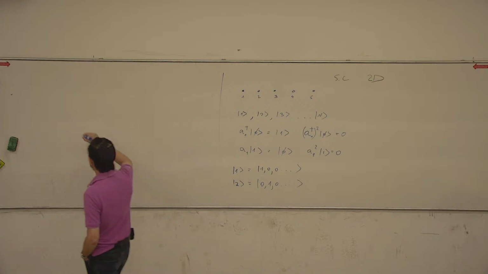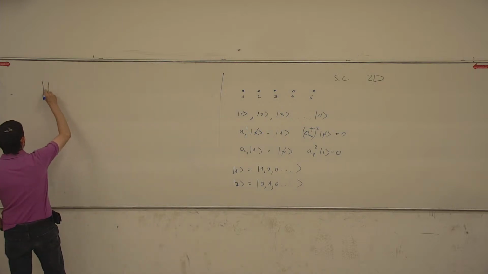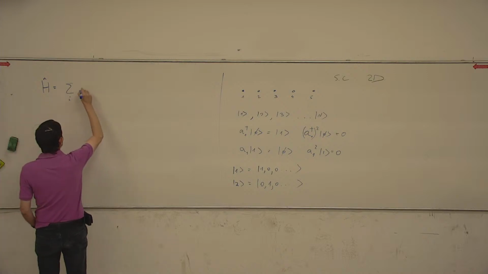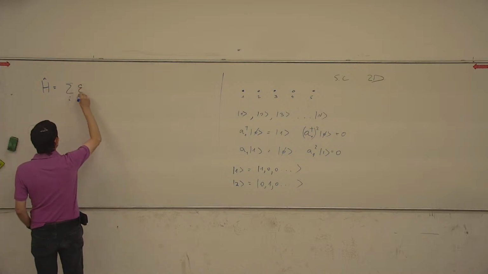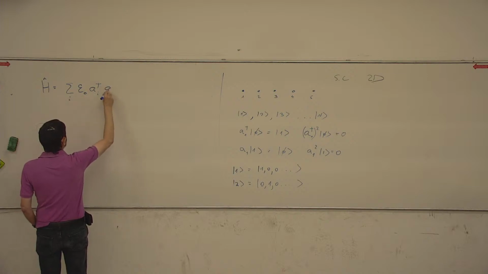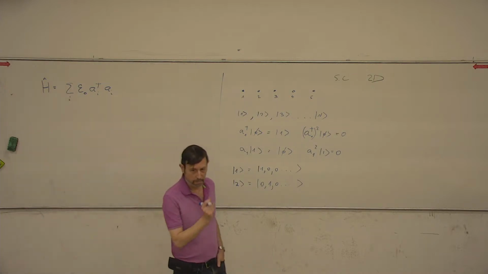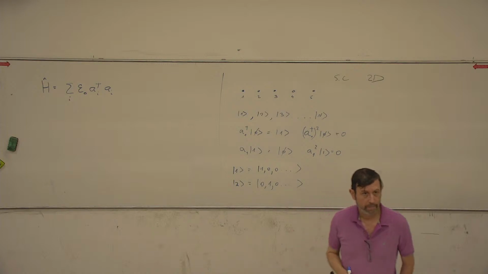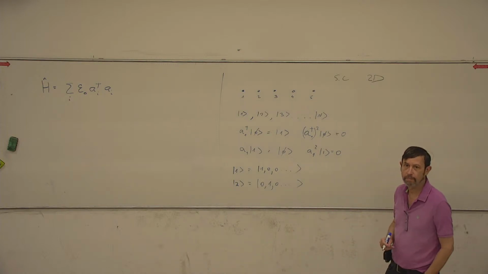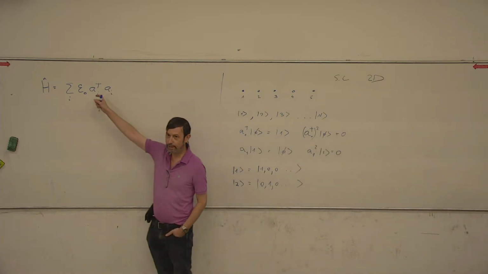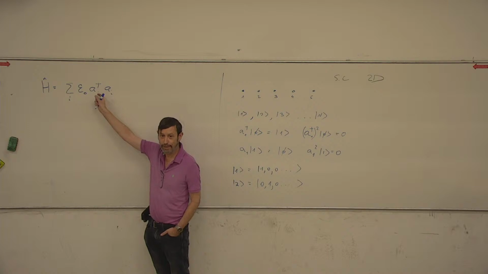So, in my Hamiltonian, why is that? This you immediately recognize as the number operator.